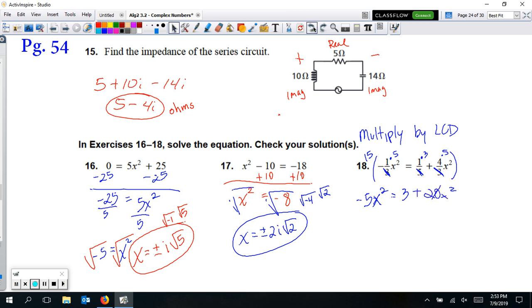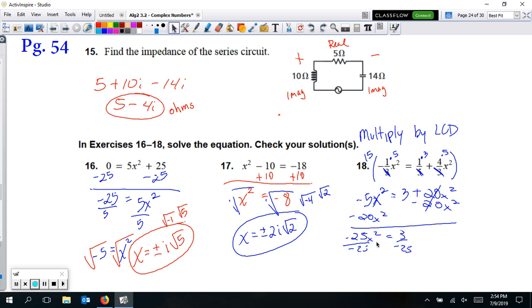Now I want to get the x squareds by themselves. So I'm going to subtract 20x squared from both sides. And I'm going to bring that on the other side over here. So that's going to give me negative 25x squared equal to 3. And now at this point, we'll divide by negative 25 to get the x squared by itself, because I only have an x squared.